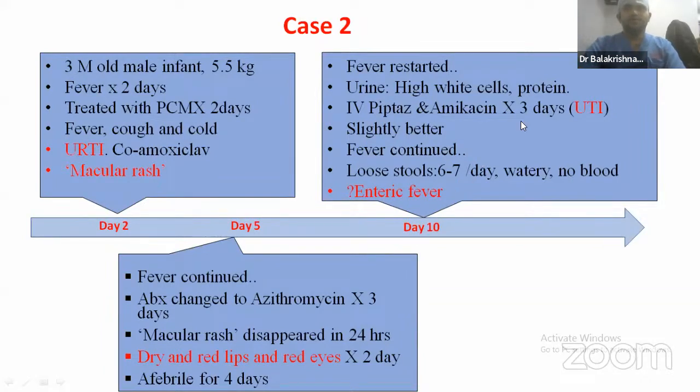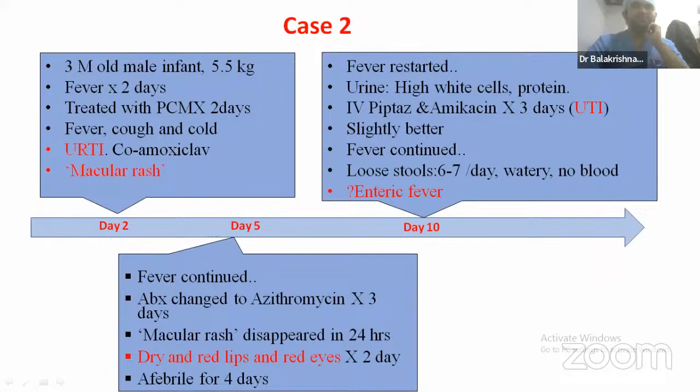So here, what could be your diagnosis? Because initially we thought it could be URTI, then we changed it and added azithromycin, but there was a rash which came and disappeared later. But again, fever of unknown origin? PUO can be one possibility.